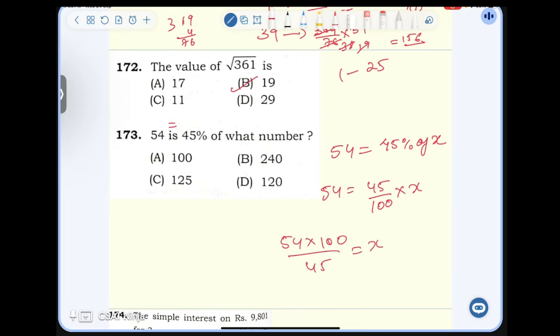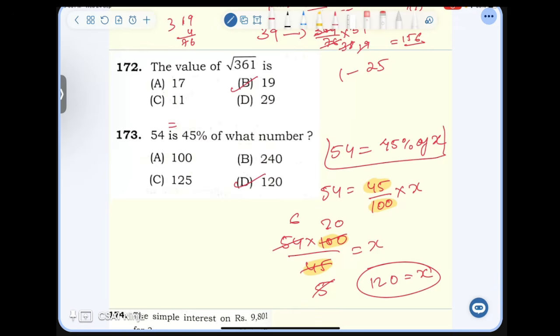Why into 100? Because this is in the denominator, it will go to the numerator. If I cancel this, 9 5s are 45, 9 6s are 54, and 5 20s are 100. So 6 into 20 is 120, which is x. So our answer here is 120. That's how you approach this kind of question.